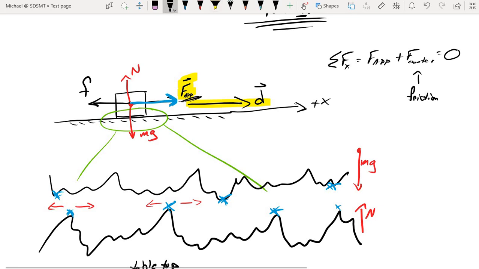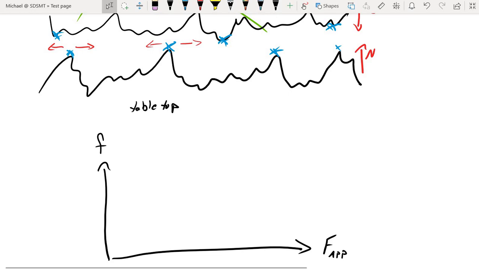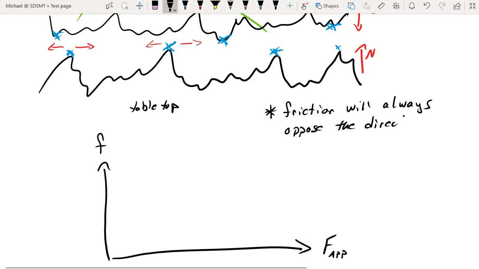And that's going to be the first concept that we have for friction, is that friction will always oppose the direction of motion, or the implied direction.